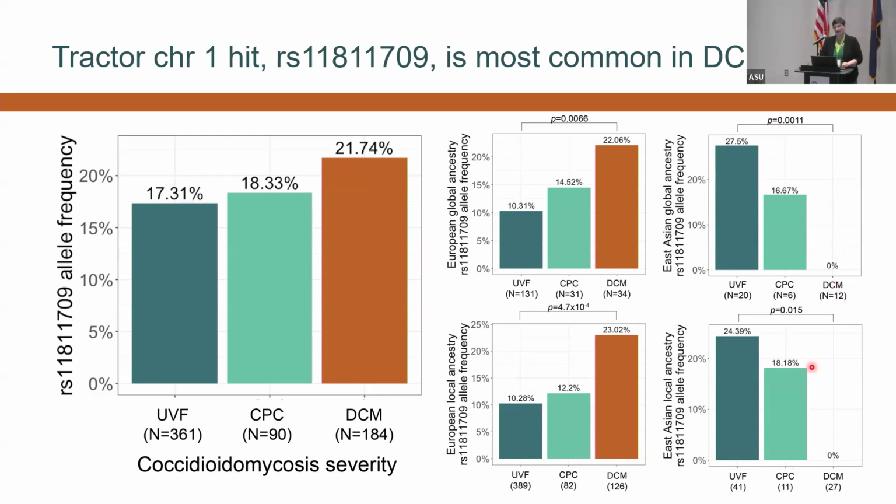And so in our patients who have East Asian local or global ancestry, the effect size is actually reversed. So if you have this variant, you're much less likely to have disseminated disease in these East Asian populations. And if you're European, you're more likely to have disseminated disease.